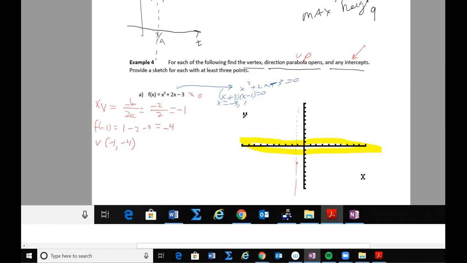So we're at negative 3 as a cross point and at 1 as a cross point. Notice that is symmetric to the axis. We've got one on each side, both 2 units away. That's what we would expect. So that's enough to get a decent graph.